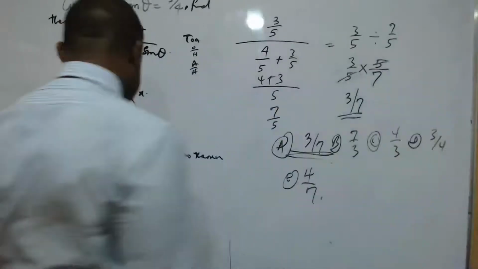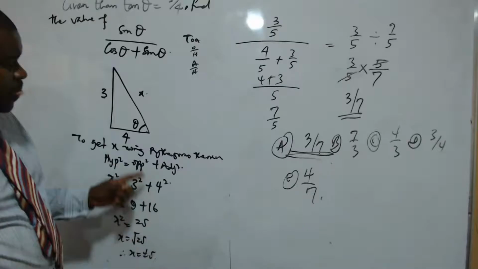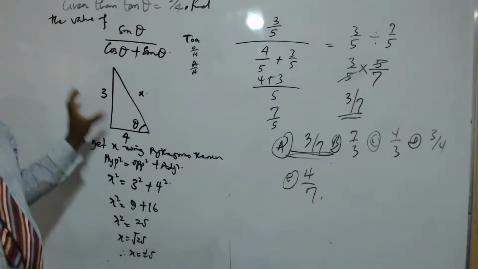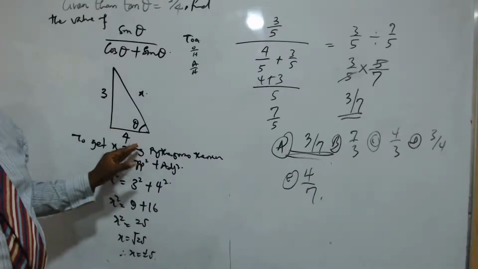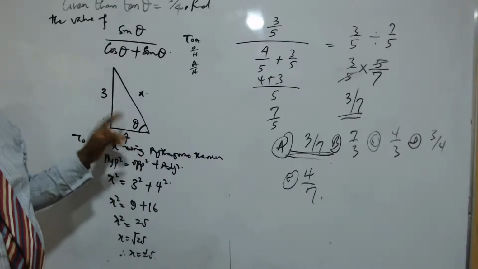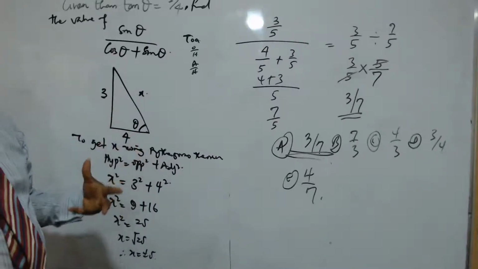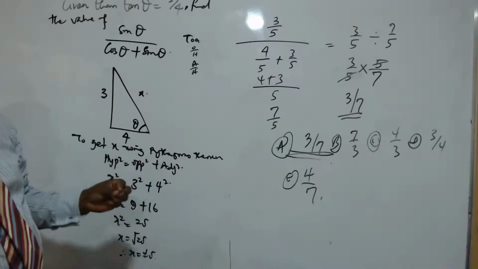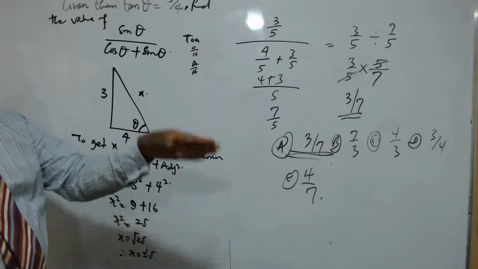Now, if you look again at this, sometimes when we are solving this, we forget to use the theory of Pythagoras in solving problems like this. There's no way your answers will be right. JAMB, they are very smart. They know common mistakes students can make. And they will put those options there.